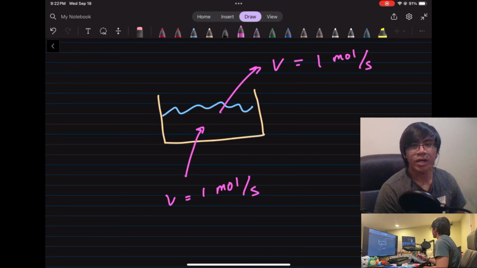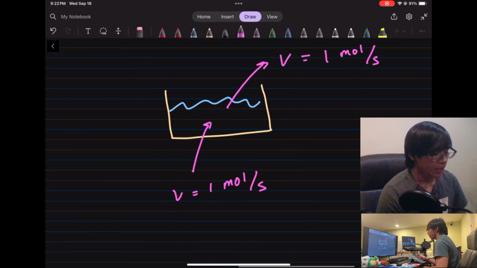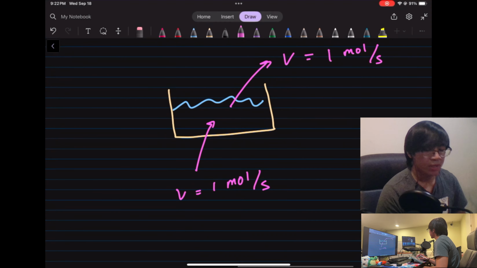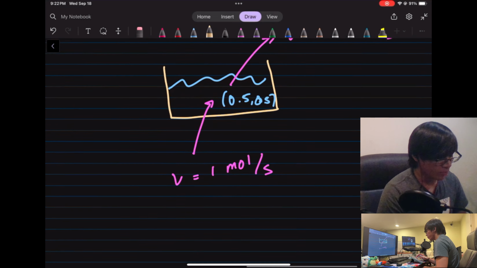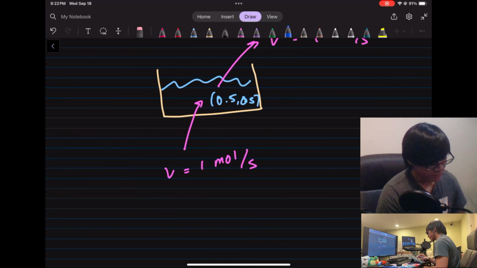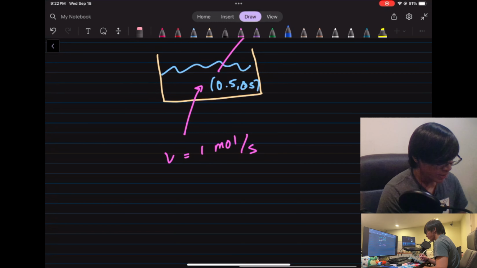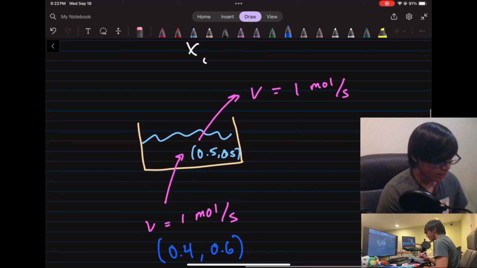But keeping in mind compositions of two different components in a mixture, if we have something like 0.5 benzene, 0.5 toluene within this liquid, and we say that's in equilibrium, then our vapor is actually, say, 0.4 benzene and 0.6 toluene, and it comes out maybe 0.6 and 0.4.